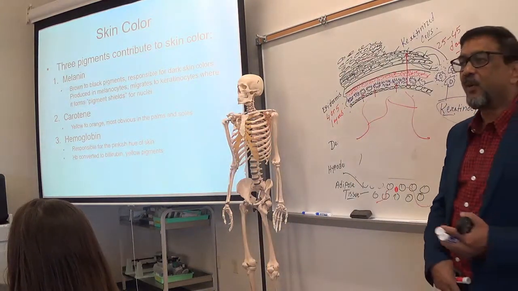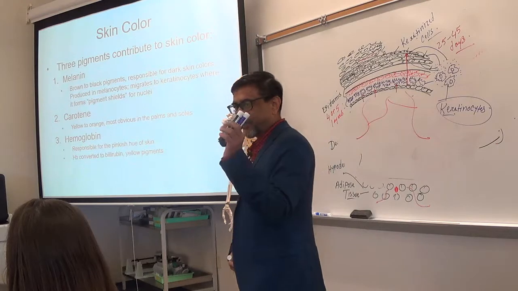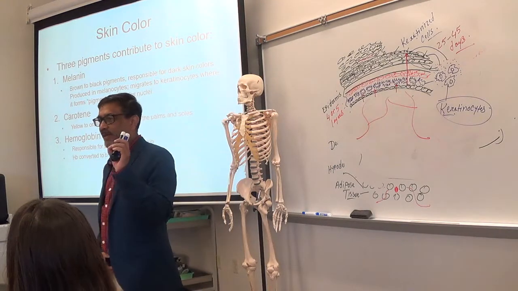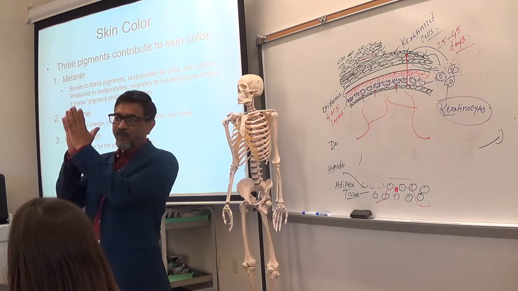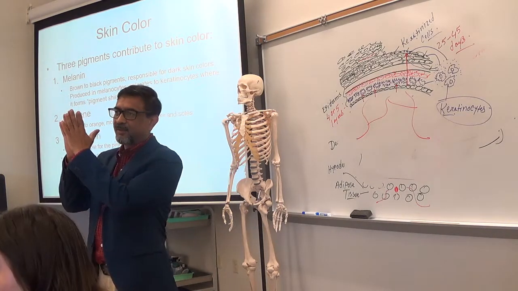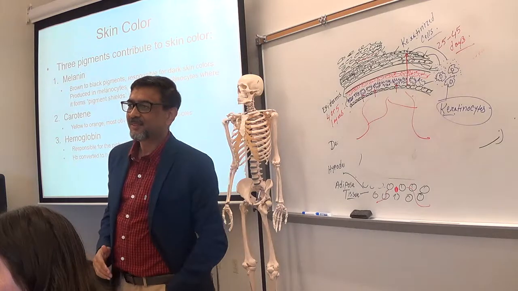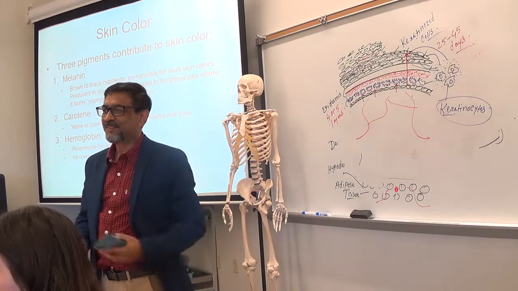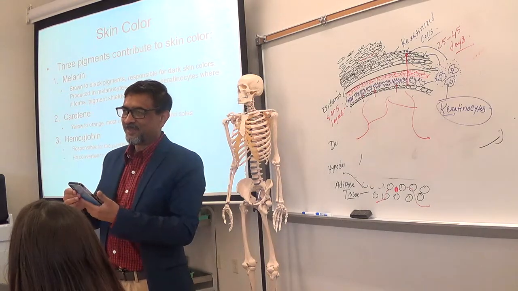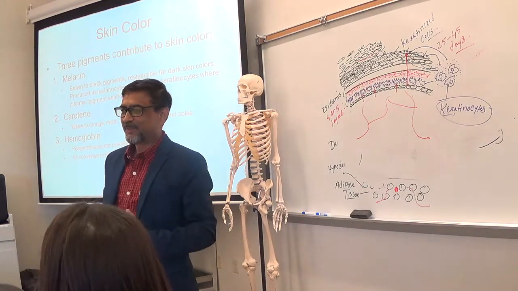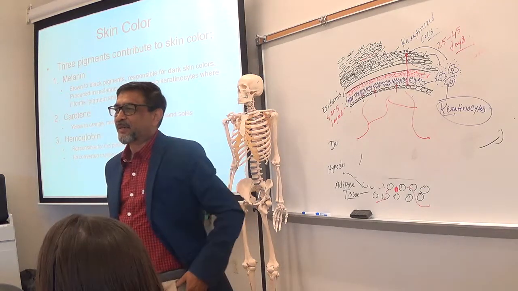In human skin, we have a very small amount of carotene, mostly in the palms and soles. Sometimes when you sleep and wake up in the morning, you feel like a yellow spot, like henna.